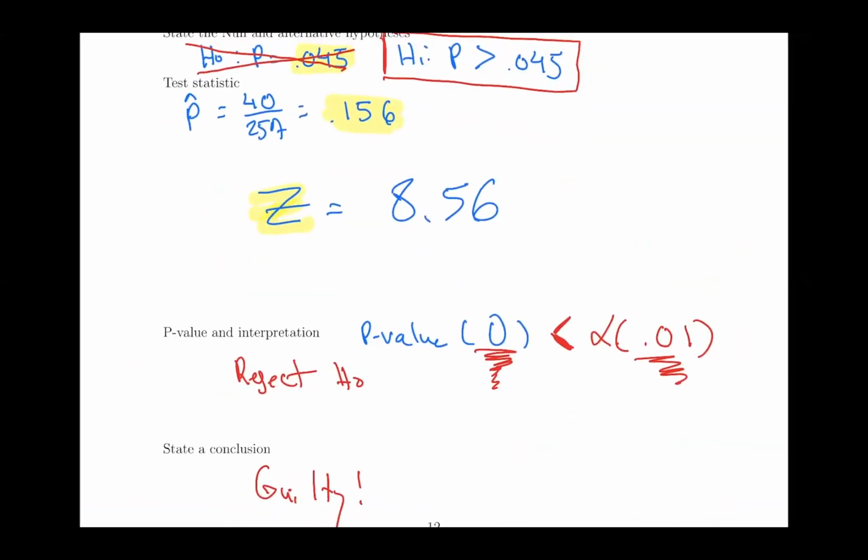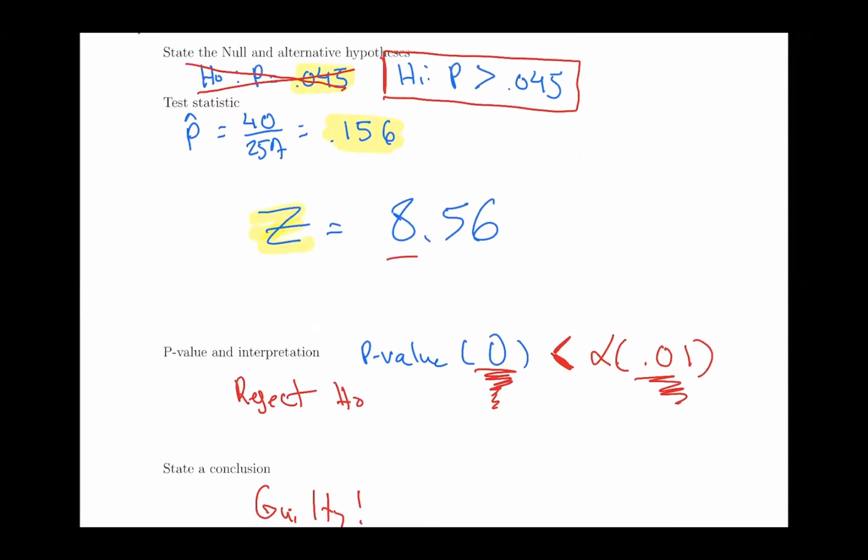Any questions for that last one? Well, the z-value is telling us how far away from the null hypothesis we are. Since it's telling us we're 8.56 away, there's a big gap between the null hypothesis and our data set. So if you have a big z-value, that means you have a big difference between the two values.